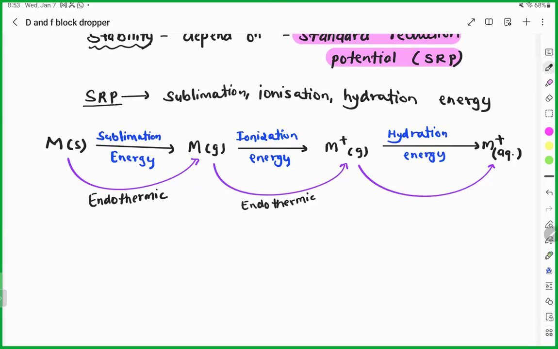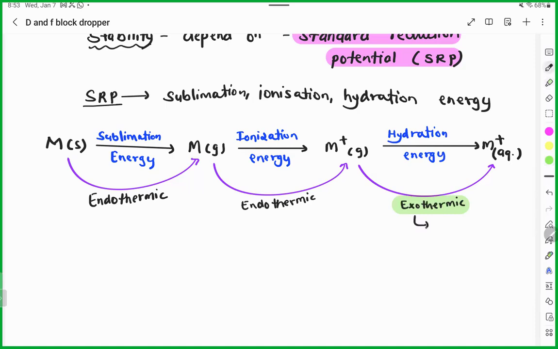Next, Anvita, what will be this hydration energy, endothermic or exothermic? Exo. And that's why the compound is highly stable, because when any molecule or atom or ion releases energy, it means it becomes stable, correct?